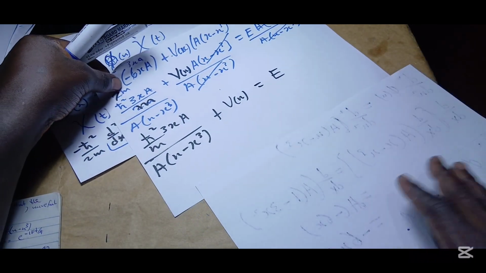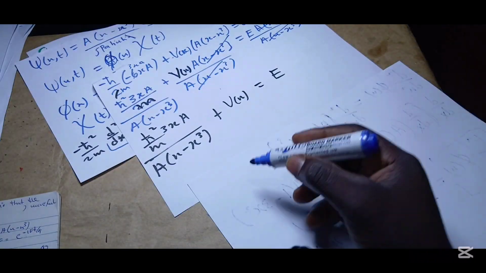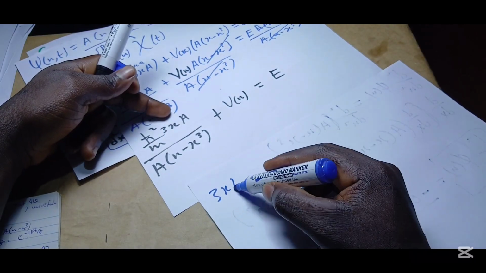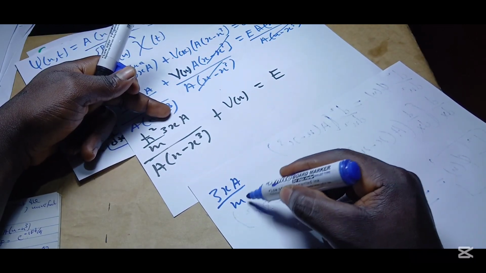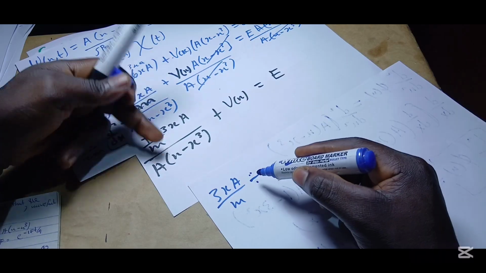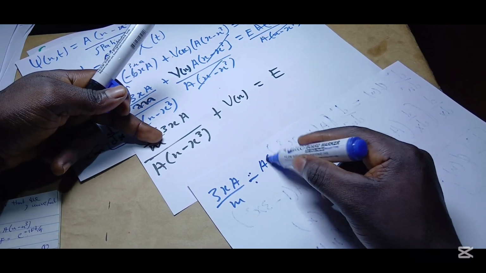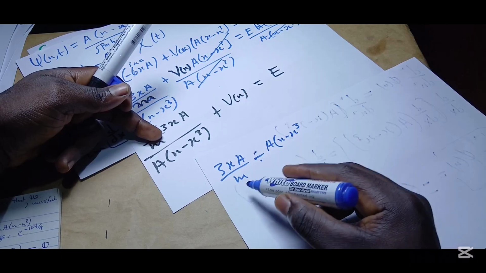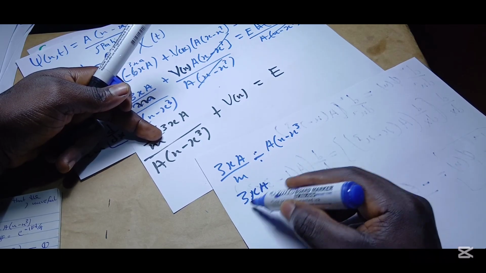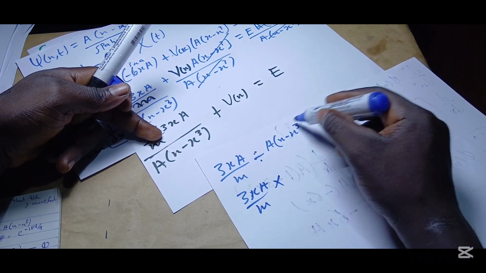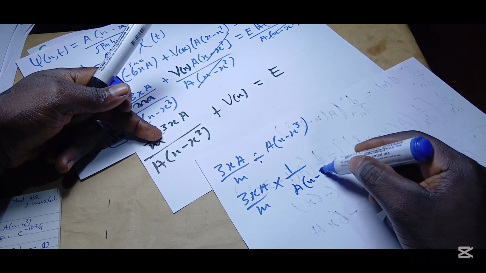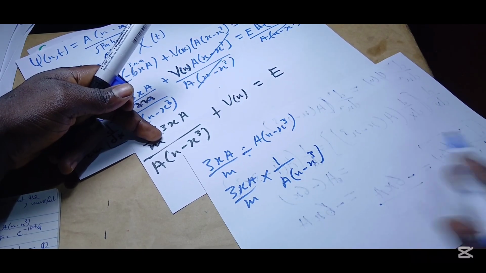So now, let's try breaking this term down. I'm going to solve it here so that we substitute into it. So we have 3xE all over m. Let's divide it by A into bracket x minus x cubed. To get away with the division sign, we can just multiply this by the reciprocal of this term here, giving us 1 over A into bracket x minus x cubed. Right?